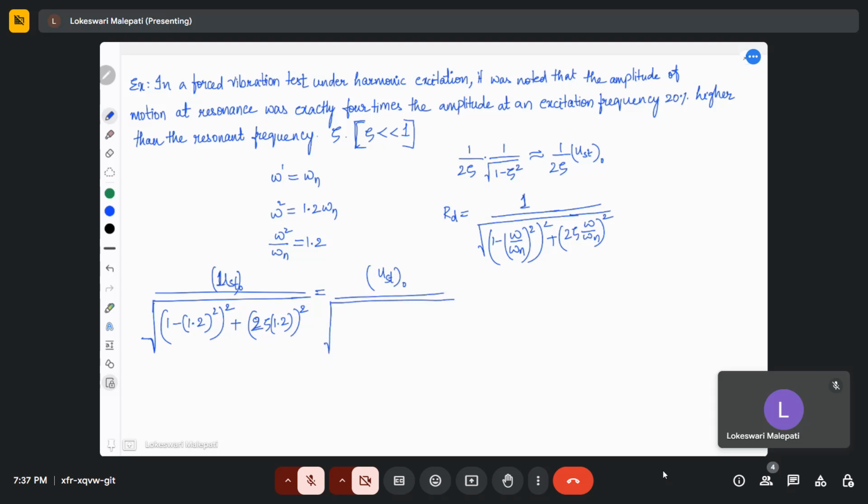Square root of 0.1936 plus 5.76 zeta square.